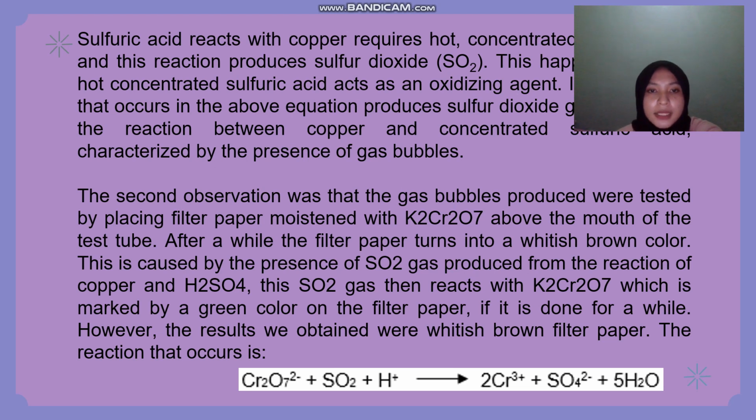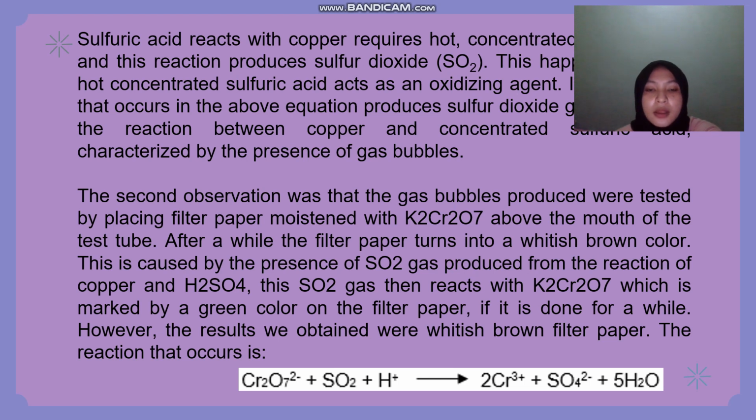The second observation was that the gas bubbles produced were tested by placing moist filter paper stained with potassium chromate above the mouth of the test tube. After a while, the filter paper turns a whitish brown color. This is caused by the presence of sulfur dioxide gas, a product from the reaction of copper and sulfuric acid.